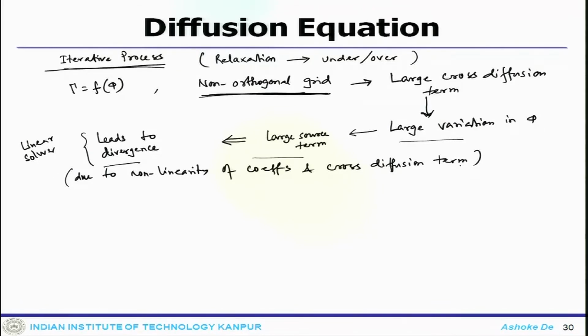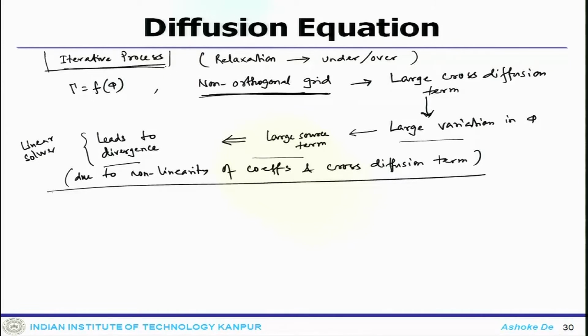So, what is the remedy? The remedy here is that since all these diffusion equations lead to a system where one has to solve a linear system, this becomes a pertinent problem, though we will come back and discuss it. This is a part of our discussion of the linear solver.